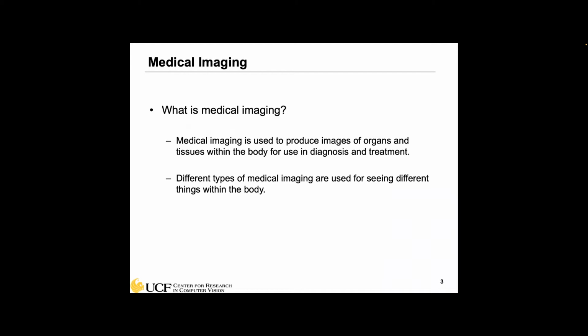You see the radiologist order a CT scan. They will look at your CT scans or MRI scans to figure out what the issue or problem is, and maybe prescribe a specific treatment. Different types of medical imaging are used for seeing different things within the body. We'll talk later about the different modalities of medical imaging.